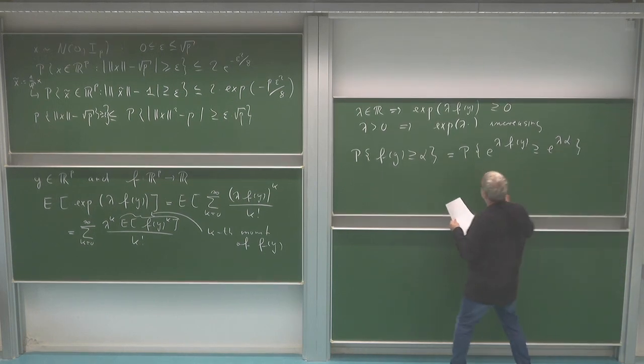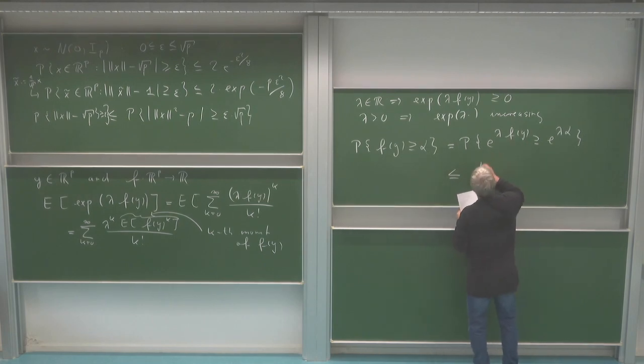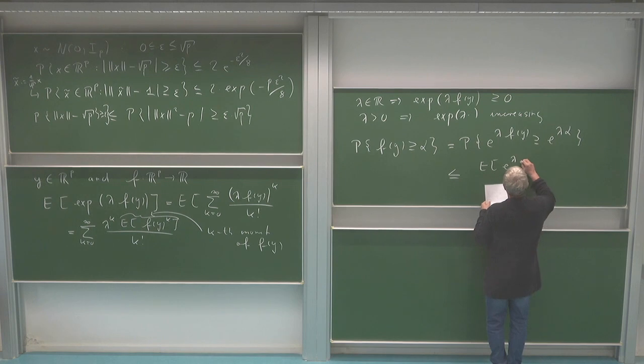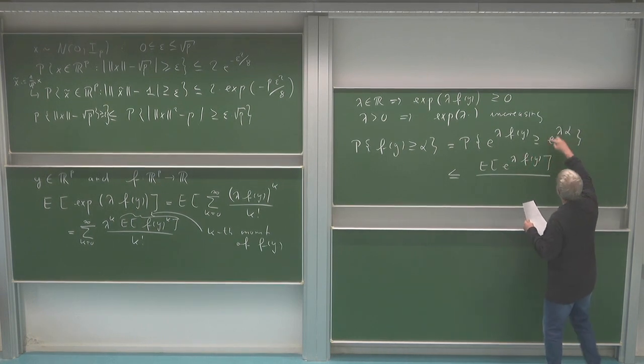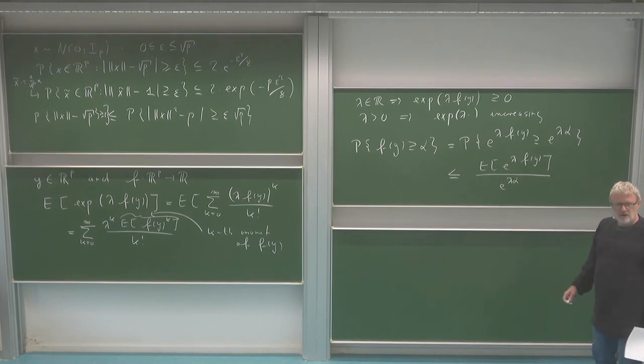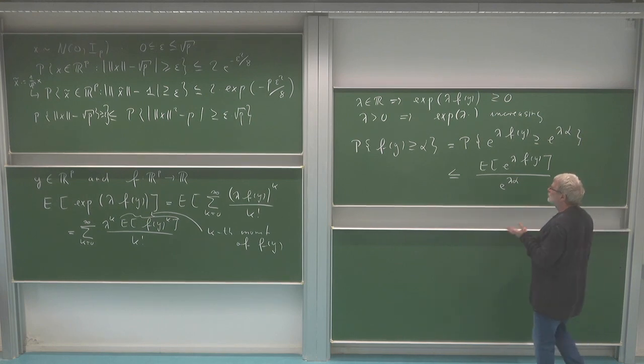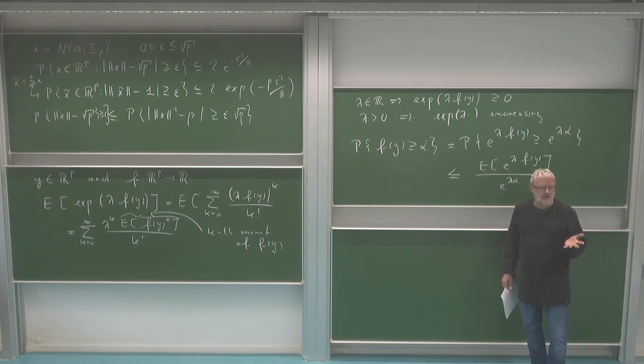So Markov tells me exactly that this is less than the expectation of e to the lambda f of y, and then I have to divide by what I have on this side, by e to the lambda alpha. Good. And this inequality is true for any positive lambda.